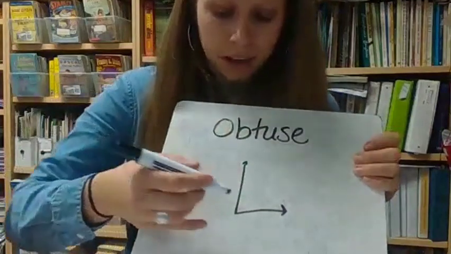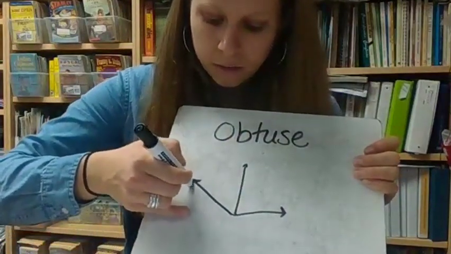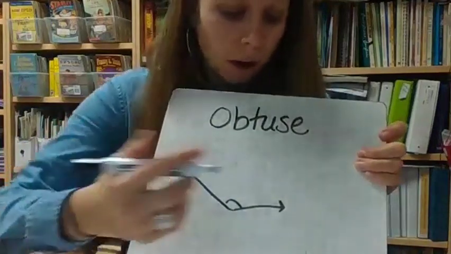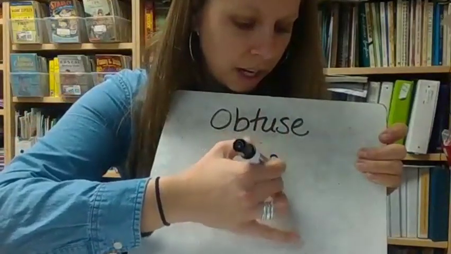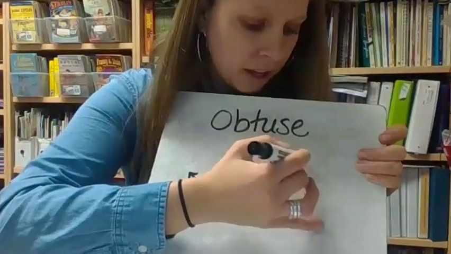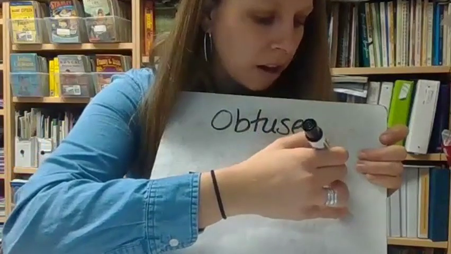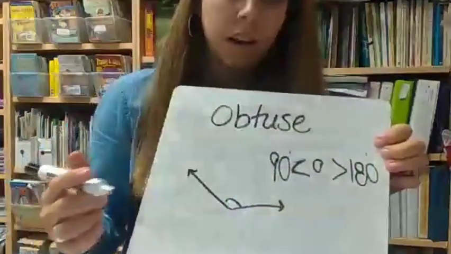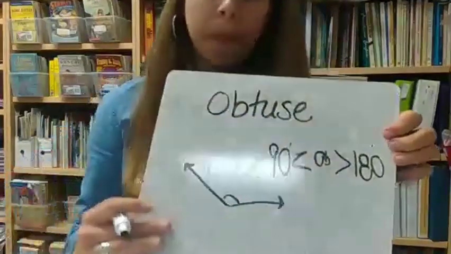But an obtuse angle is anything that is more than that 90. Okay. So obtuse angles are greater than 90, but they are less than 180. Okay, and that's our obtuse angle.